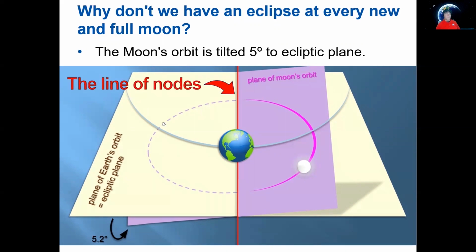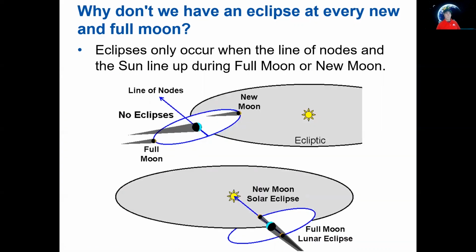These two paths only cross at the so-called line of nodes, a line connecting the two nodes of the moon. For an eclipse to occur, the line of nodes and the sun need to be in line. If the two line up during a new moon, we have a solar eclipse. If they line up during a full moon, we have a lunar eclipse.